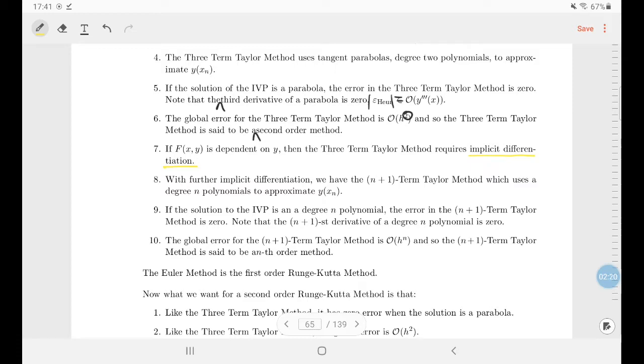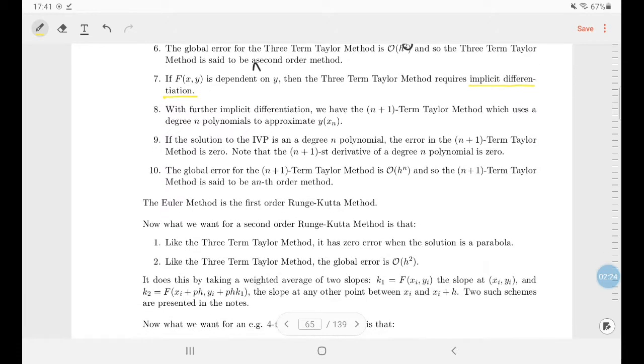So the 4-term Taylor method uses cubics. If the solution to the initial value problem is a degree n polynomial, the error will be zero. The global error for the n plus 1 term Taylor method is order h to the n, and so this is said to be an nth order method.